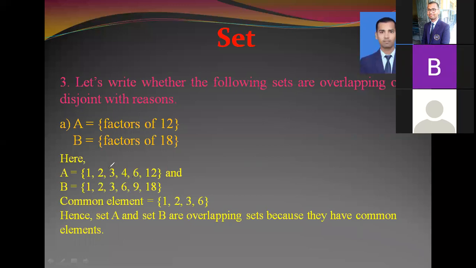While writing the sets by the listing method, factors of 12 are 1, 2, 3, 4, 6, 12. In the same way, factors of 18 are 1, 2, 3, 6, 9, 18.